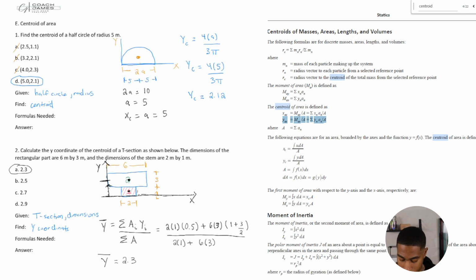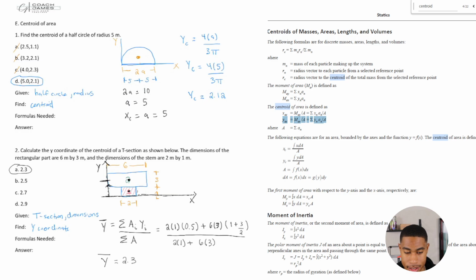So basically, if you get shapes that are not the norm, or shapes that are not in your charts, and they put these composite shapes together, you want to break it up into its separate pieces, and then figure out what you're solving for. In this case, we were solving for the y coordinate of the centroid of the entire shape.